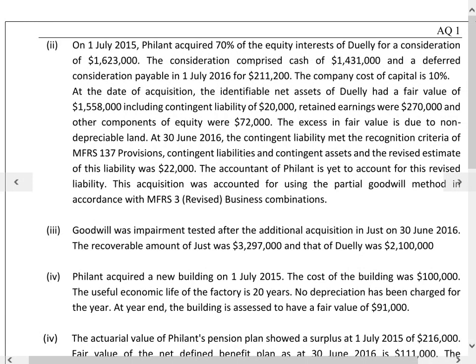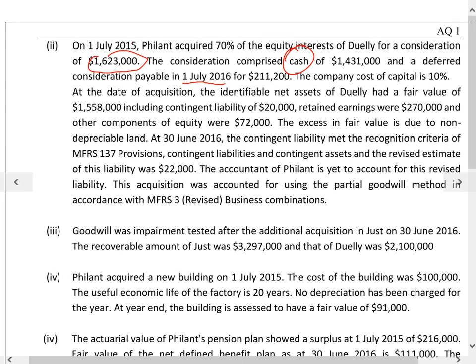The consideration comprised of cash of 1431 and deferred consideration, which I'm going to pay 1 year later, of 211.2. The cost of capital is 10%. So what must I do with this 211.2?